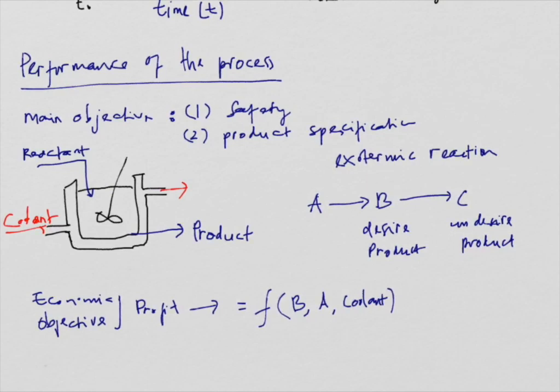You can see that we need the controller to control the temperature of the system, so that the product P, the desired product, is maximized, and the product C, the undesired product, is minimized, and we use the optimum coolant to cool the reactor.